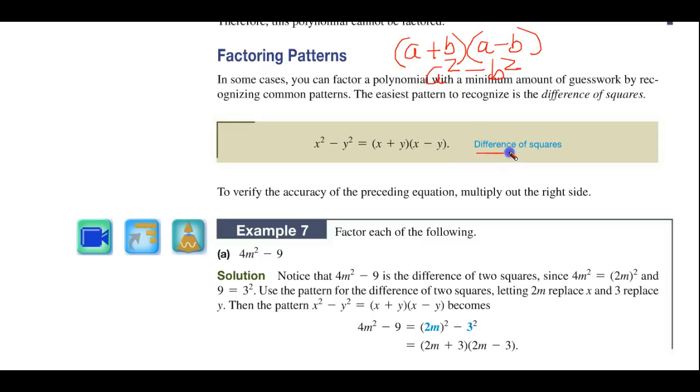This is called the difference of squares. So if you recognize you have a difference of squares, that will factor into its conjugates.